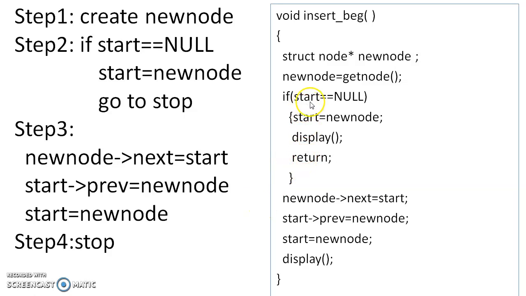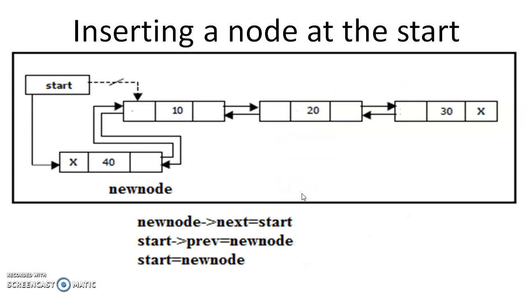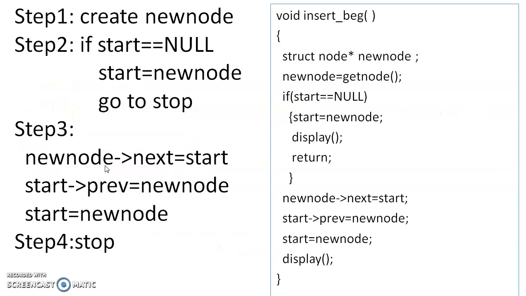Otherwise, that means some linked list already exists. In such a case, what are the 3 operations that we are performing? New node of next is equivalent to start, start of previous is equivalent to new node, and start equal to new node. Those are the 3 operations that we are performing. At the end, we are displaying the output after inserting the node at the beginning of the double linked list.